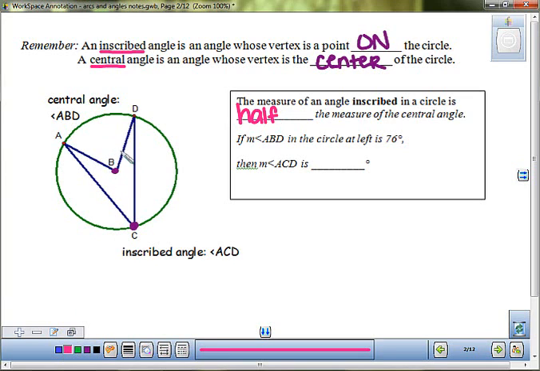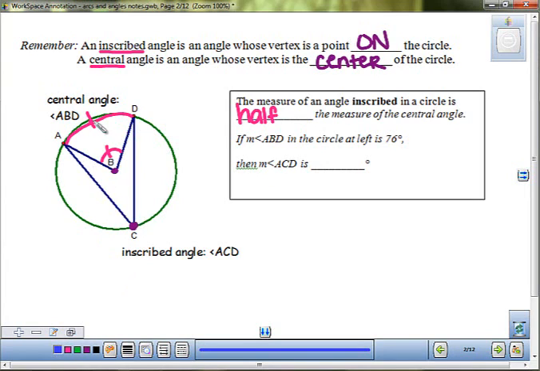We talked about a central angle being congruent to its arc, and an inscribed angle is half the arc, therefore it's also half the central angle. That's that whole relationship between those three. So in this image, if ABD is 76, what is ACD? It will be half of that, which is 38 degrees.